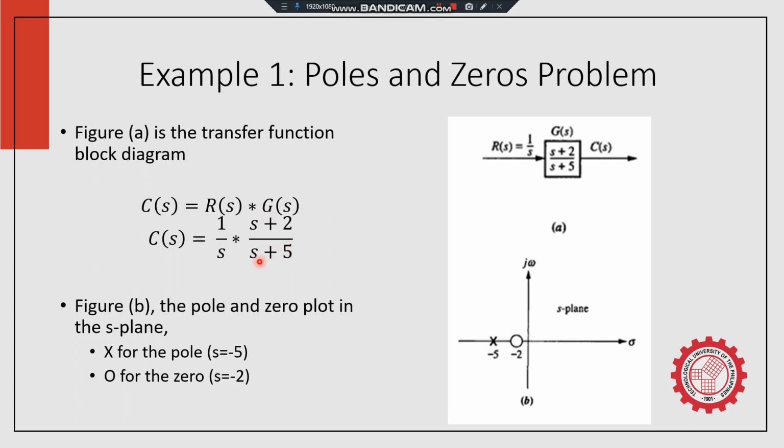Therefore, we could directly say that the pole is equal to -5, and the zero is equal to -2. And for the s-plane, we use a circular symbol for the zero, and an x symbol for the pole. The intersection here is of course 0. So -2 and -5 here. So this is the s-plane.